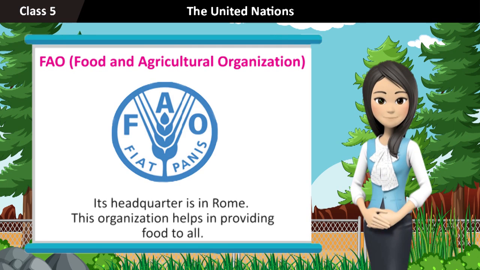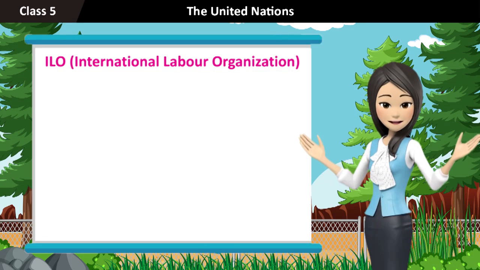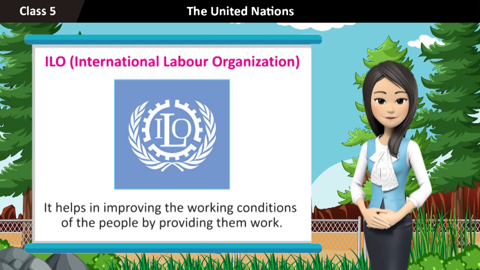Its headquarters is in Rome. This organization helps in providing food to all. Its aim is to remove hunger from the world. ILO, International Labour Organization. It helps in improving the working conditions of the people by providing them work.